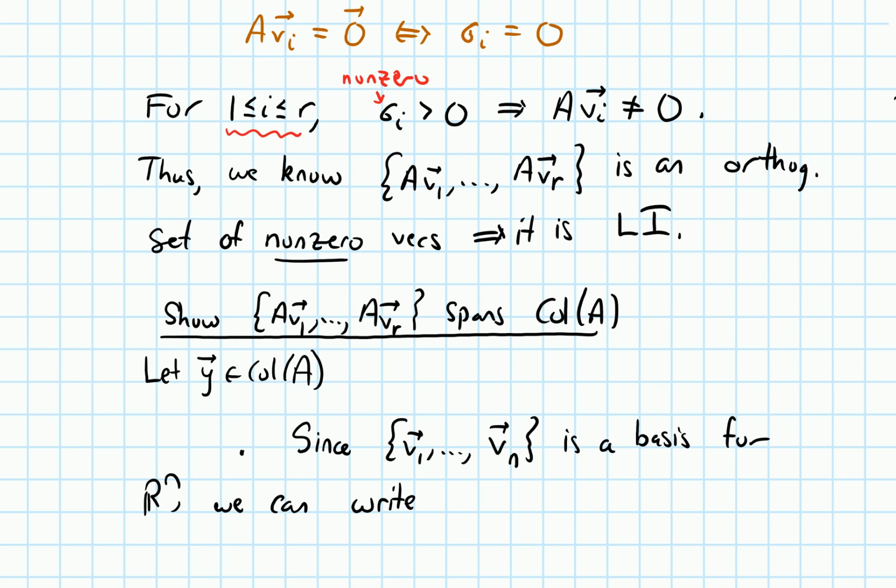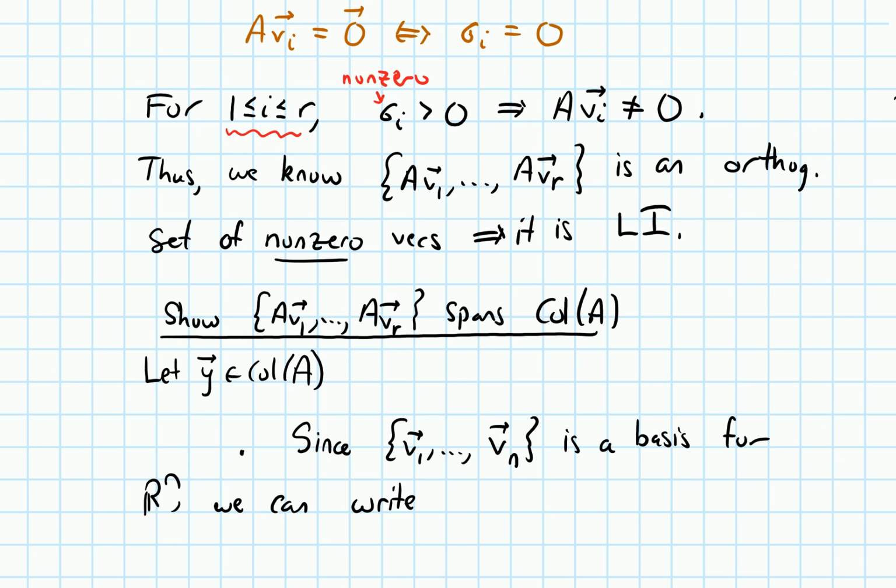Since Y is arbitrary, if we can show that, that will show that we can write anything in the column space as a linear combination of AV1 up until AVR. That's what we need, because that would mean that the set of vectors spans the column space of A.